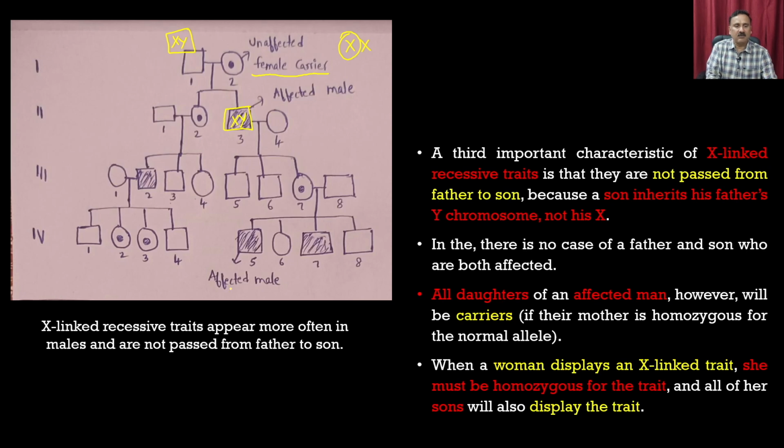Whereas in the case of a female, she is only going to show the problem when this male goes for sexual reproduction with carrier females or affected females. This is what is shown here, right? So X-linked recessive traits appear more often in males and do not go from father to son, because the son gets the X from the mother, not from the father.